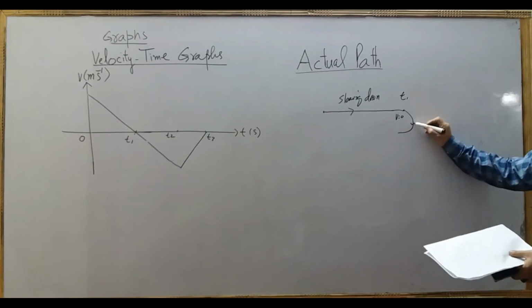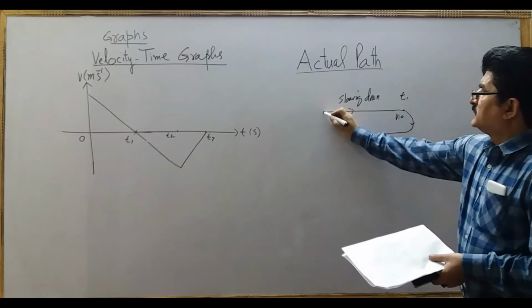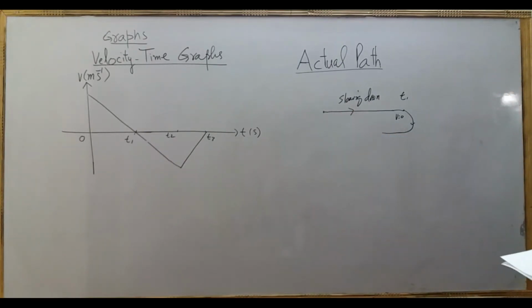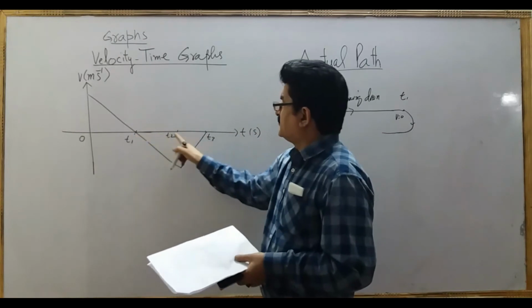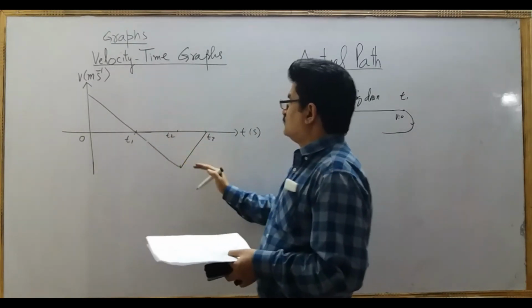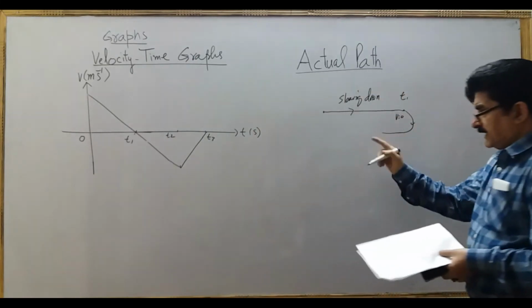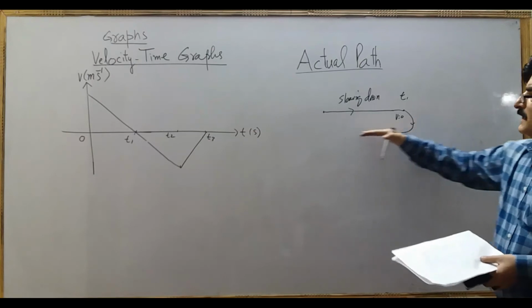So it takes a turn and comes back to this point. Now what happens between times t1 and t2? Between these two times it is moving with the same rate, but in the opposite direction.